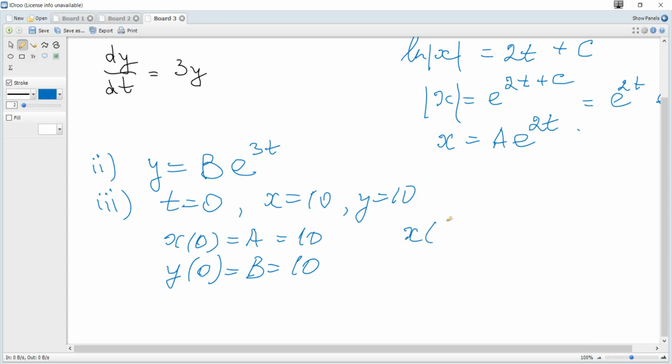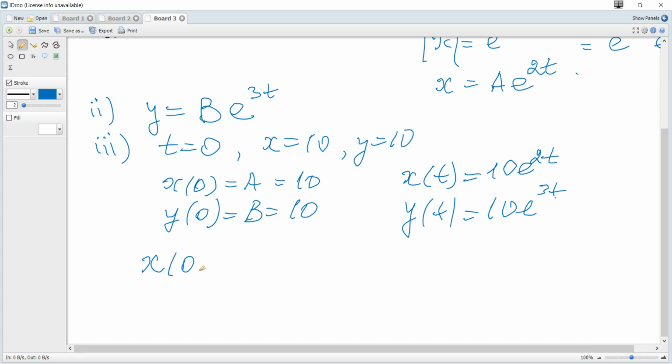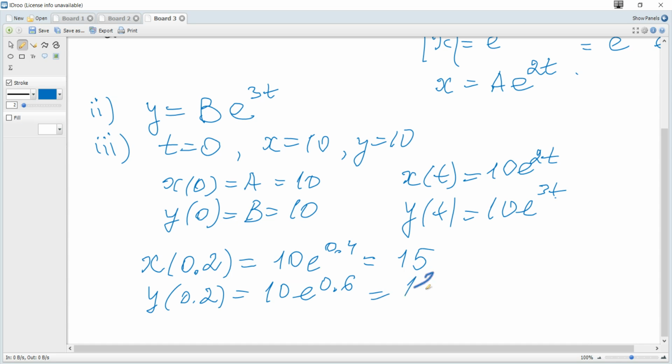And then x of t becomes 10 e to the power of 2t, and y is 10 e to the power of 3t, and hence we can find at any point, and we need at 0.2, so 10 e to the power of 0.4, and we need to give answers to the nearest whole numbers, and it's just using a calculator. It's 15, and y at 0.2 is 10 e to the power 0.6, so it's 18.